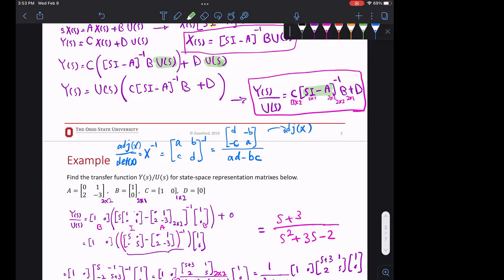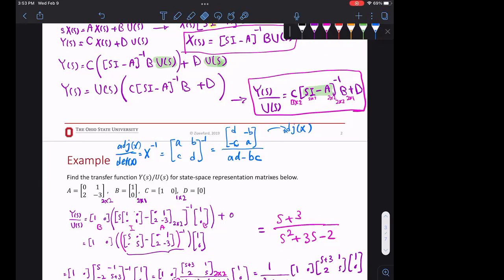Now, let's take a look at SI minus A. What are each of those? And which one of those 3 tells us something about our system? A. The only expression in that whole thing that tells us something about the system is wherever there's A, right?